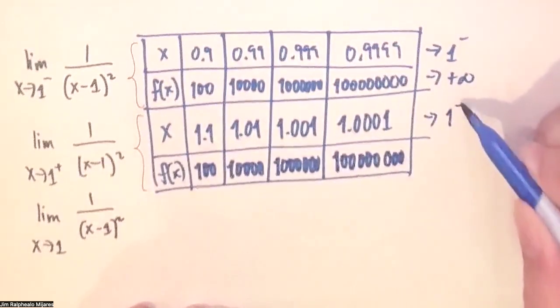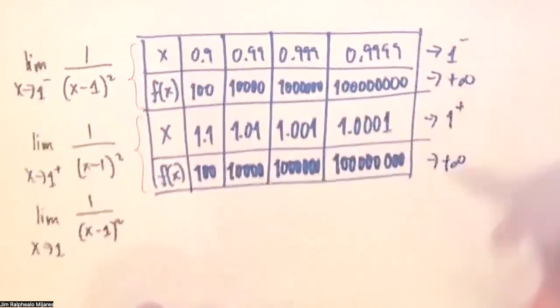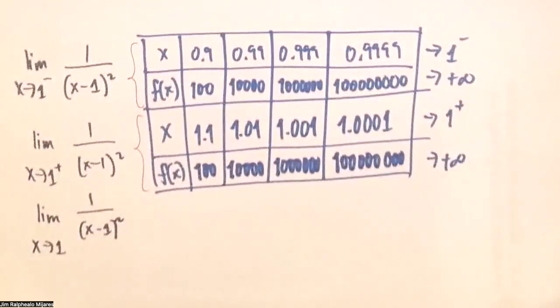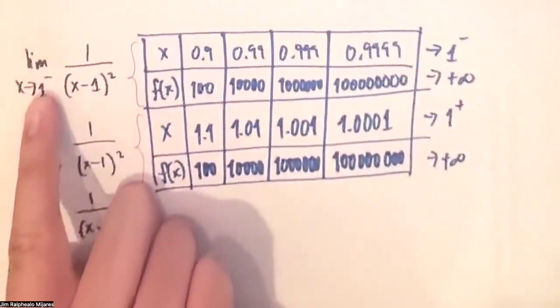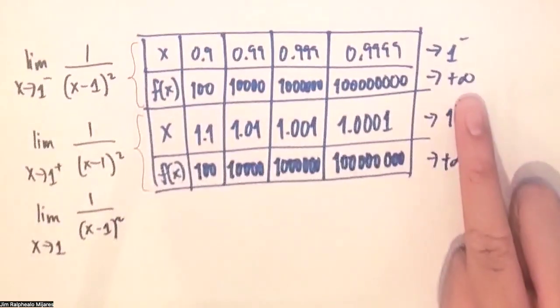And of course, 1 from the left is positive infinity. Now, we see that in both cases, the limit is approaching positive infinity.